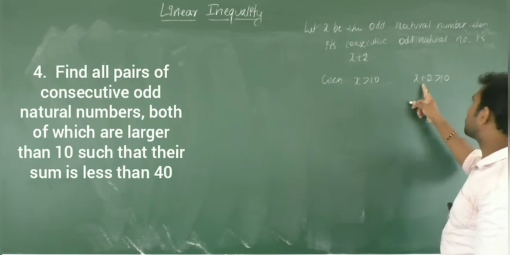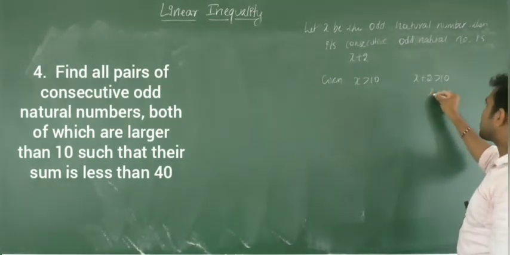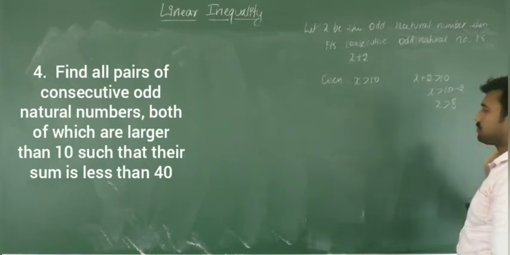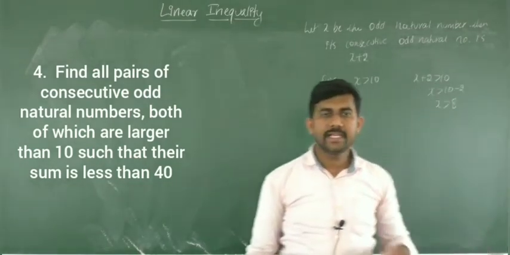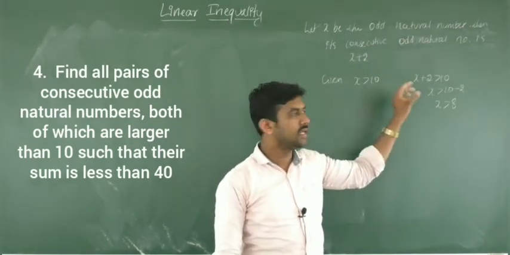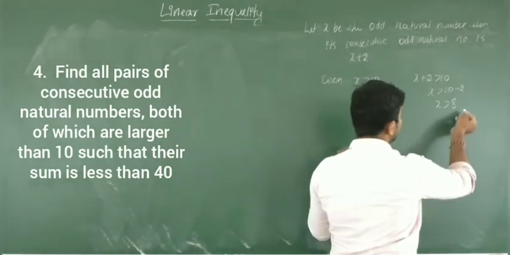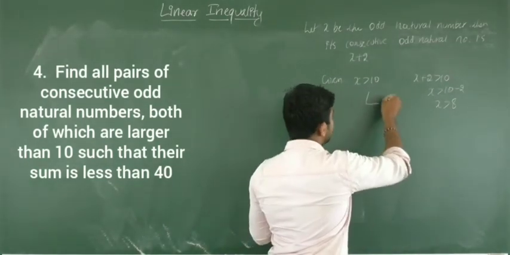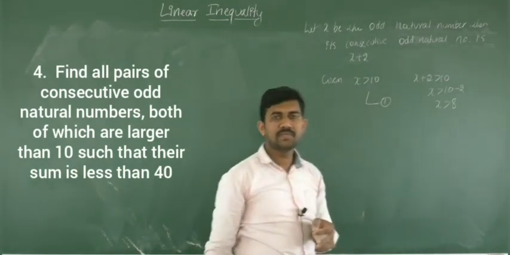By using this condition, you can observe here x is greater than 10 minus 2, or x is greater than 8. Okay, x must be greater than 8. This is one of the conditions, and x is greater than 10 we also get.